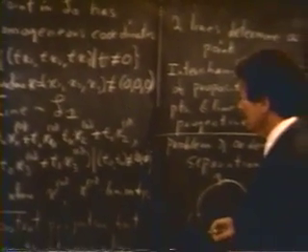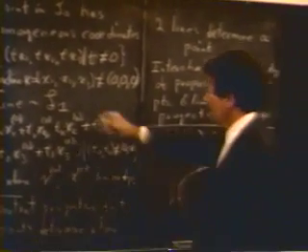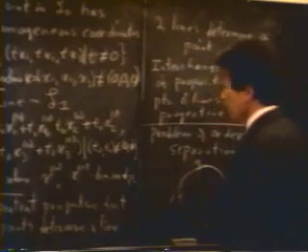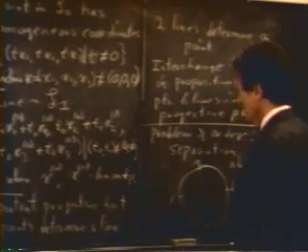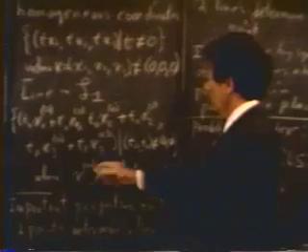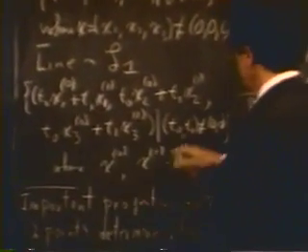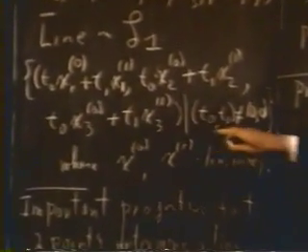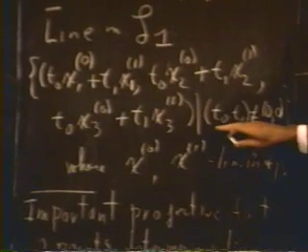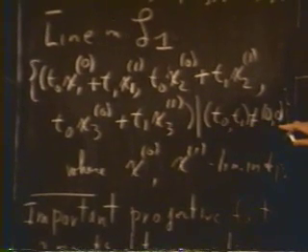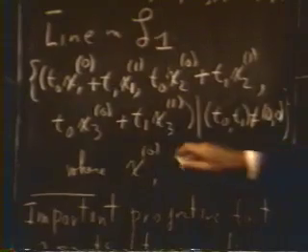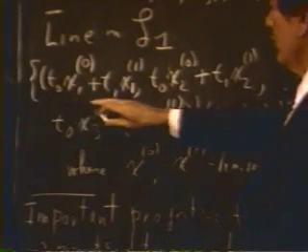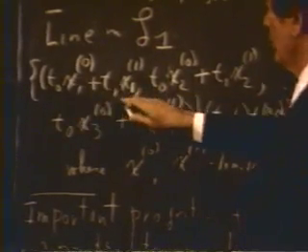A line, a projective line in L1, is then represented in the following fashion. We consider scalars t0, t1, where the pair is not identically 0, 0. And then the three coordinates are t0 x0 plus t1 x1.